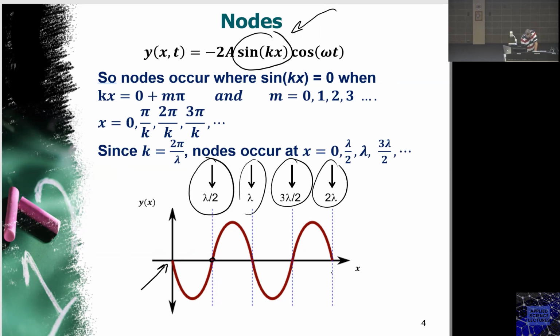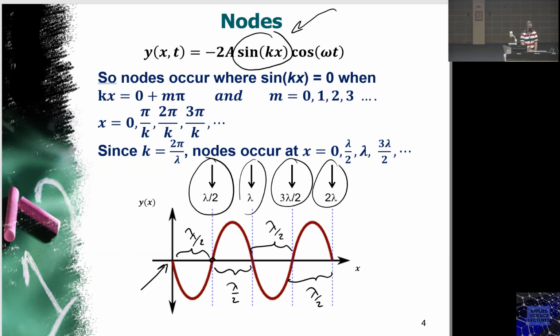So this one is lambda over 2, lambda over 2, lambda over 2, lambda over 2. Starting from 0 and going in intervals of lambda over 2. Those are the nodes. Those are where the displacement is always 0 in the standing wave.